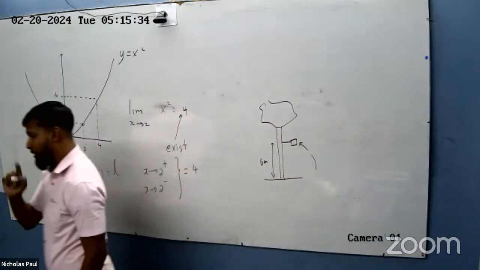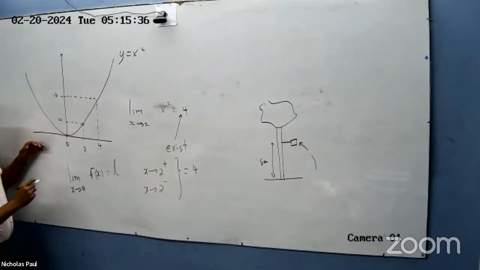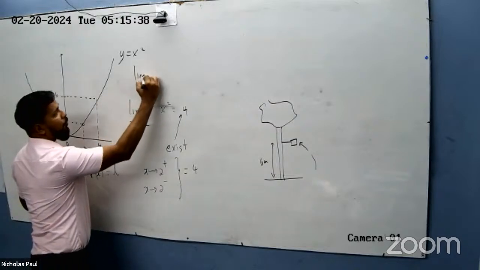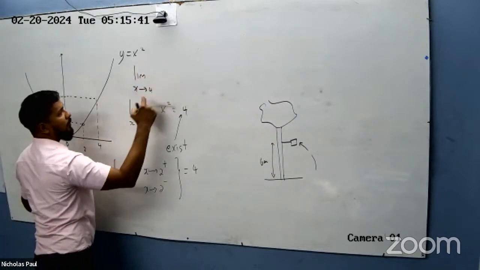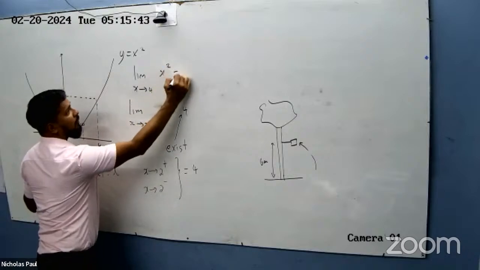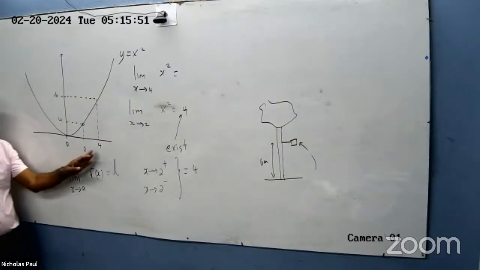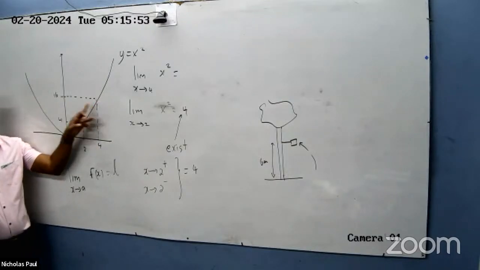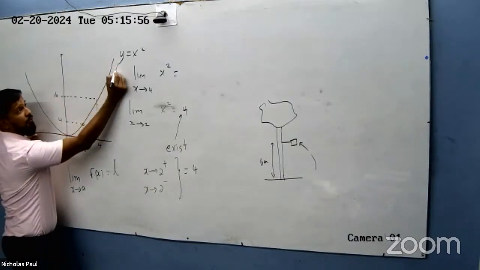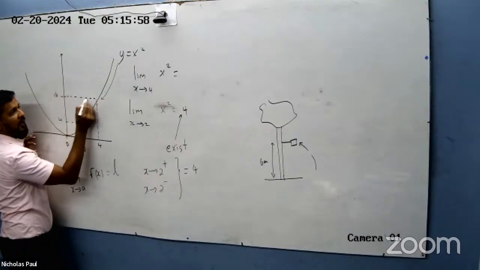Right? So Shivish, what about if I approach x is 4? Look at the graph. Approach x is 4. What would be the limit? It'll be 16. If I approach 4 from the right, I get 16.